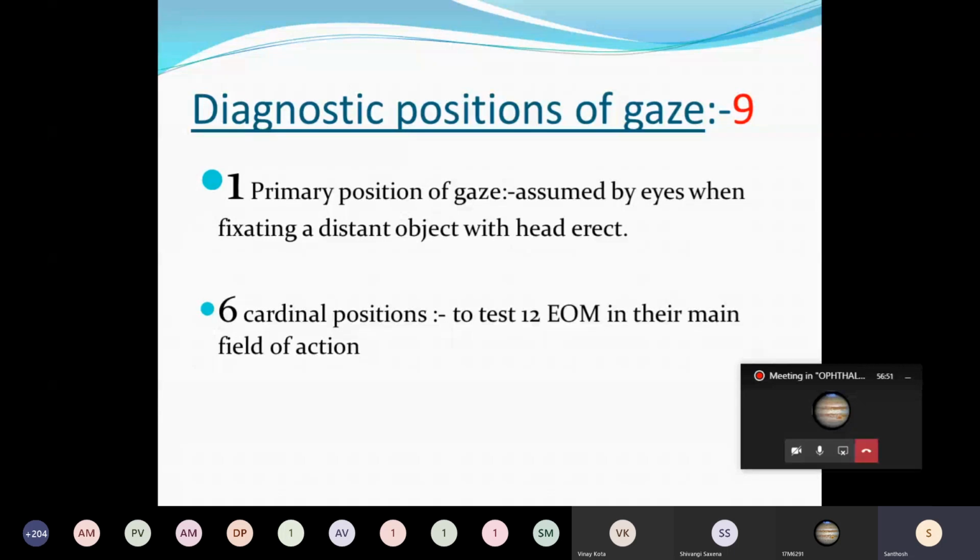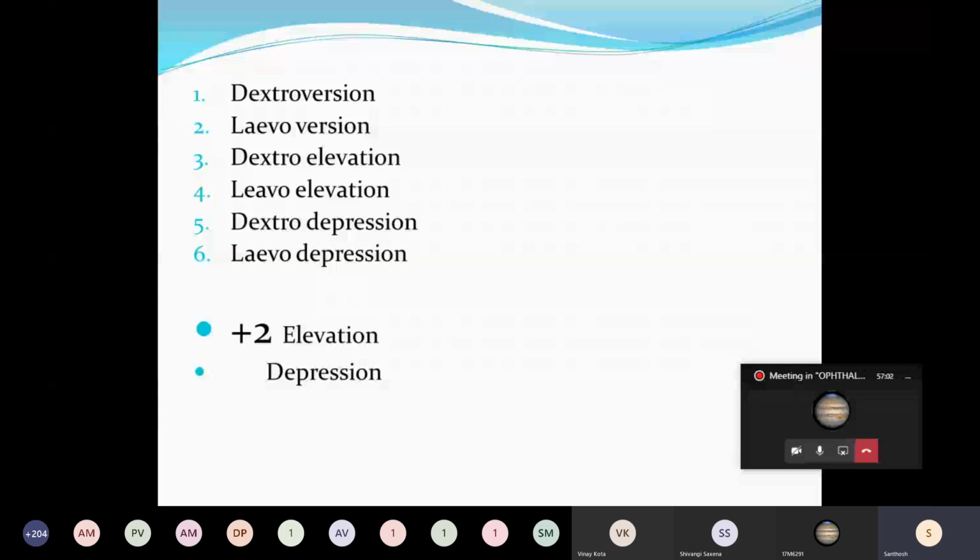For example, when you are looking straight ahead, that is referred to as primary position. There are 6 cardinal positions, and these 6 cardinal positions, I'll tell you, they are nothing but dextroversion, levoversion, dextroelevation, levoelevation, dextrodepression, and levodepression.